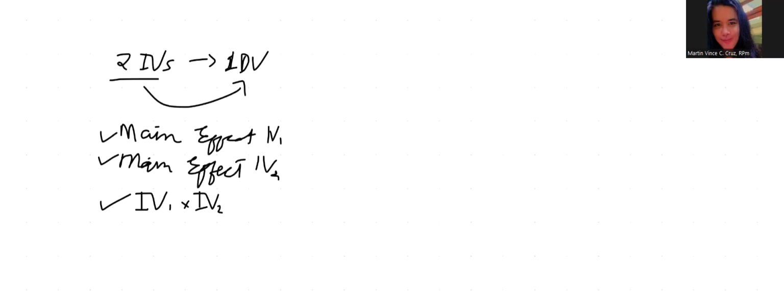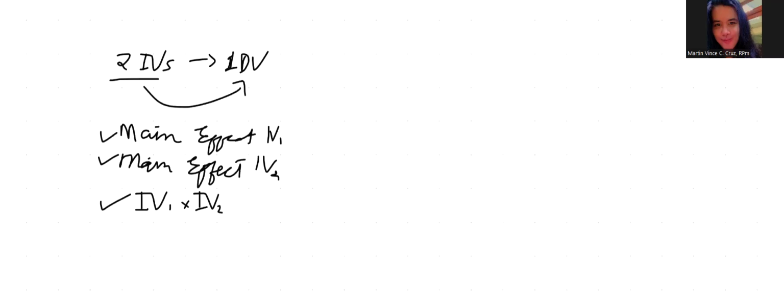And lastly, whether or not the levels of independent variable 1 or independent variable 2 played an influence on the level of another independent variable or both. So meaning to say, yung isang level ng independent variable na apektuhan yung another level nung another independent variable in producing changes in the behavior.